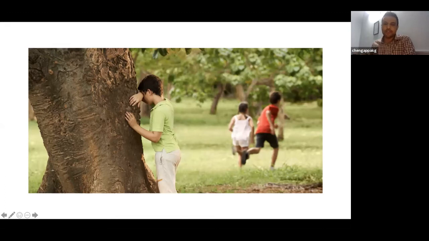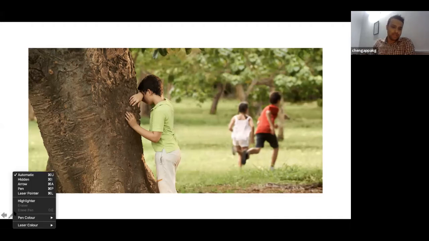So I'm sure all of us have played hide and seek. You know, if the person who is catching does not count till 20, he skips 10, after 10 he goes to 15, 16, 17, 18, 19, 20. So that is cheating, but his friends know that he won't do that. That's why they are going to hide.